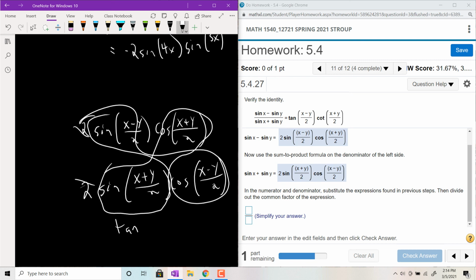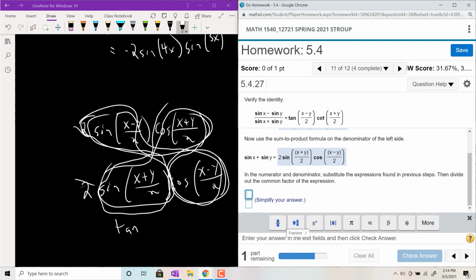The other one, because it's cosine on top, is cosine of (x plus y) over 2, or cotan of (x plus y) over 2, which is the right hand side of the identity above.